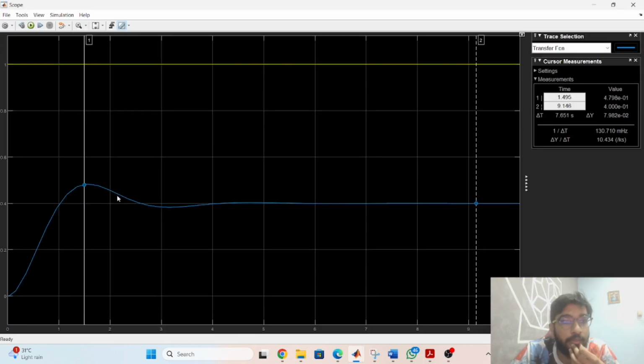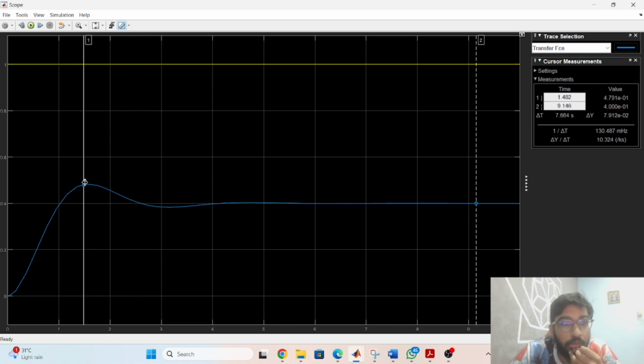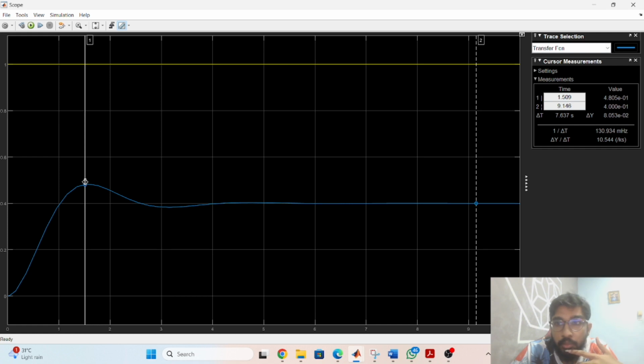So as you can see, this is the graph we update. This graph is considered under damped, and then the peak is somewhere here on 1.5.